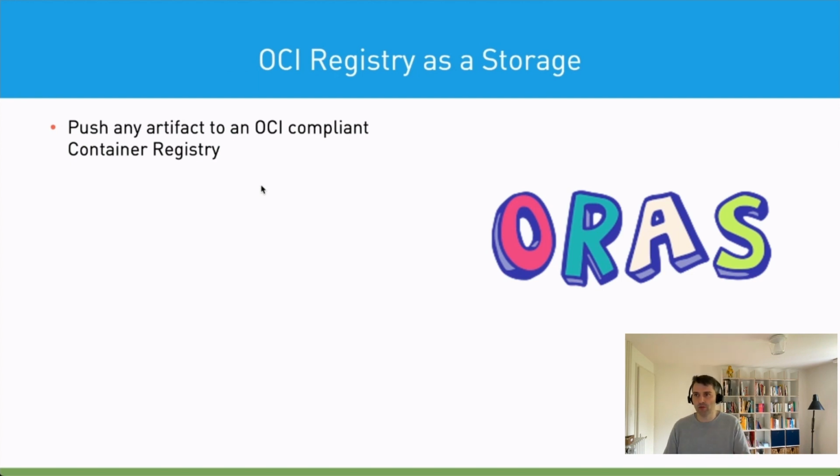There is even the option to use this OCI Registry as a storage functionality. So there's a project called ORAS, and you can basically push any type of artifact to an OCI compliant container registry. So you can upload a text file. So it basically becomes like a bucket. You can upload anything, and people are using it for TensorFlow data models.